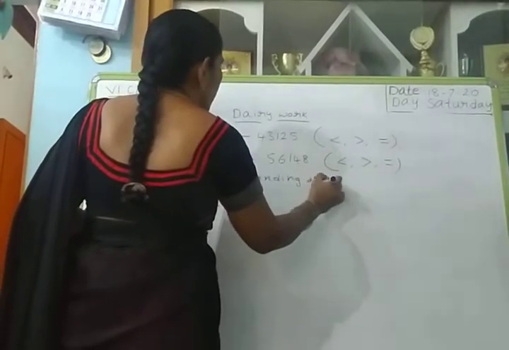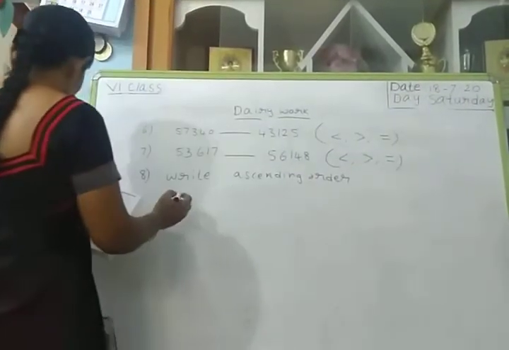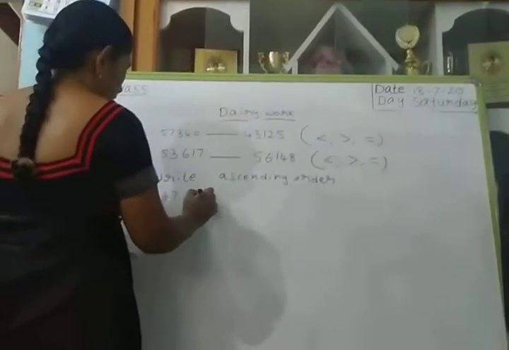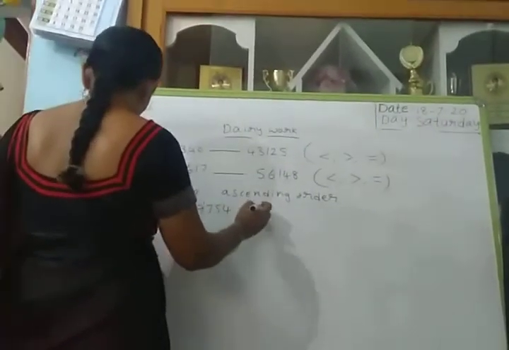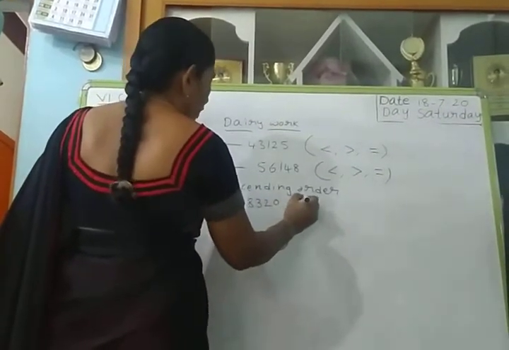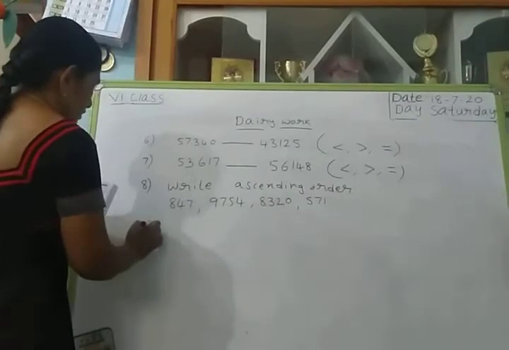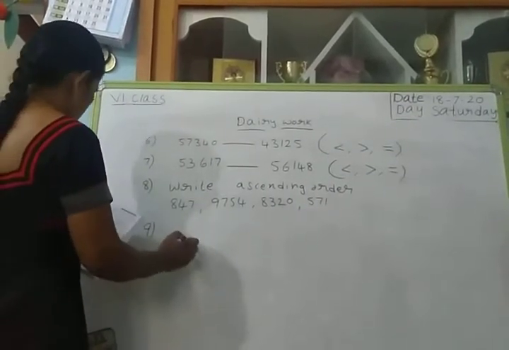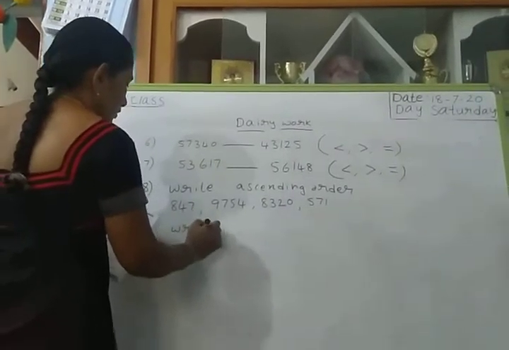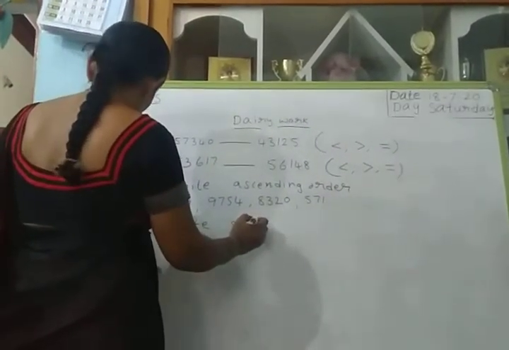Next, write in ascending order: 847, 9,754, 8,320, 571. Arrange them in ascending order. Next question, descending order.